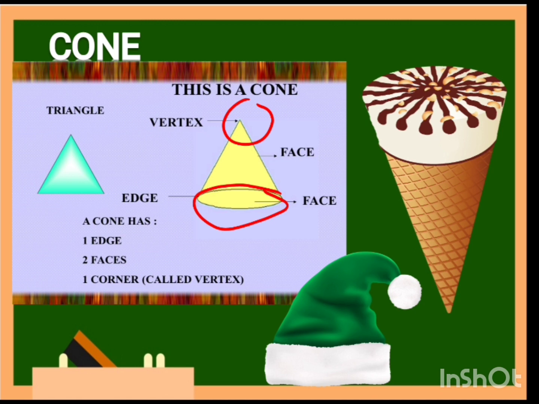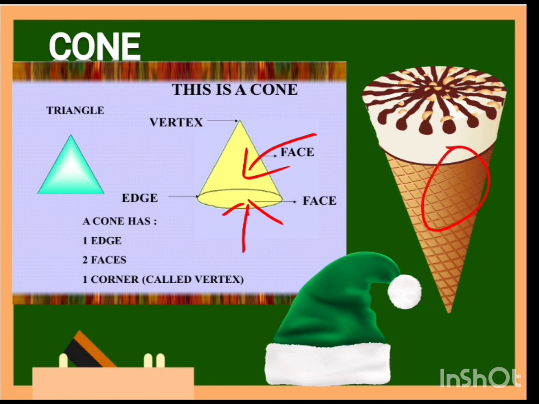So the number of edges will be 1. And how many faces? This one is the first face and this one is the second face. So total 2 faces are there in a cone. Examples, you can say this is an ice cream cone, and that is a Christmas cap.